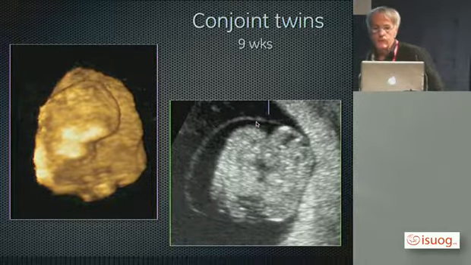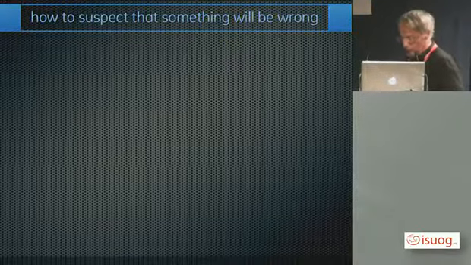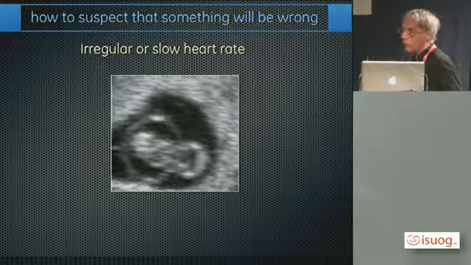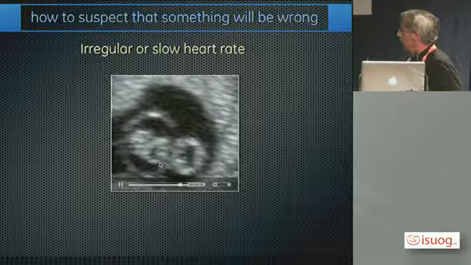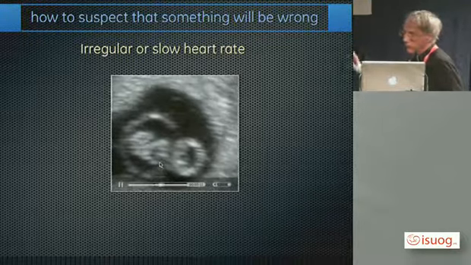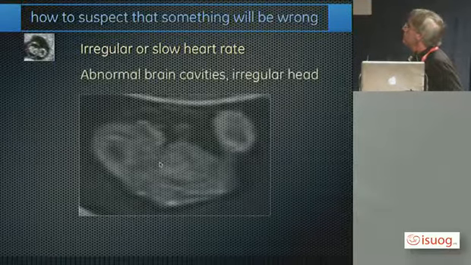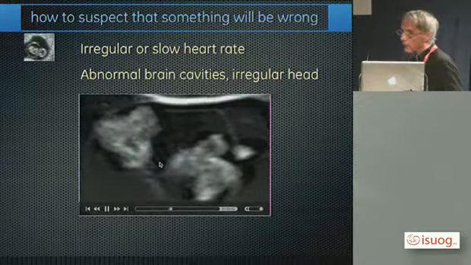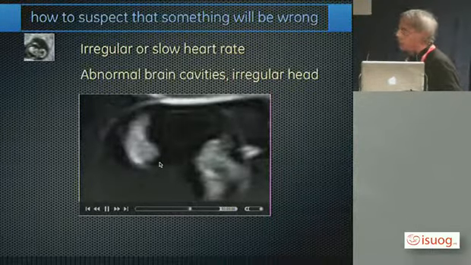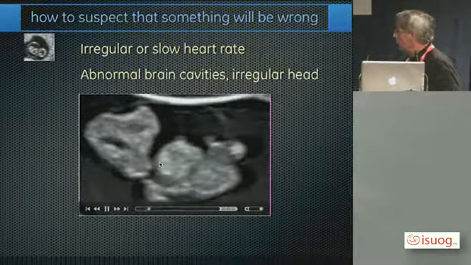And now I will finish with how to suspect that something will be wrong in the early stage of pregnancy. First, if you have an irregular or slow heart rate, like this, you are sure that the prognosis is really poor. Also, if you are not able to identify the normal brain cavities with an irregular head, or if you have no division of the prosencephalon, you can make the diagnosis of acrania or holoprosencephaly.